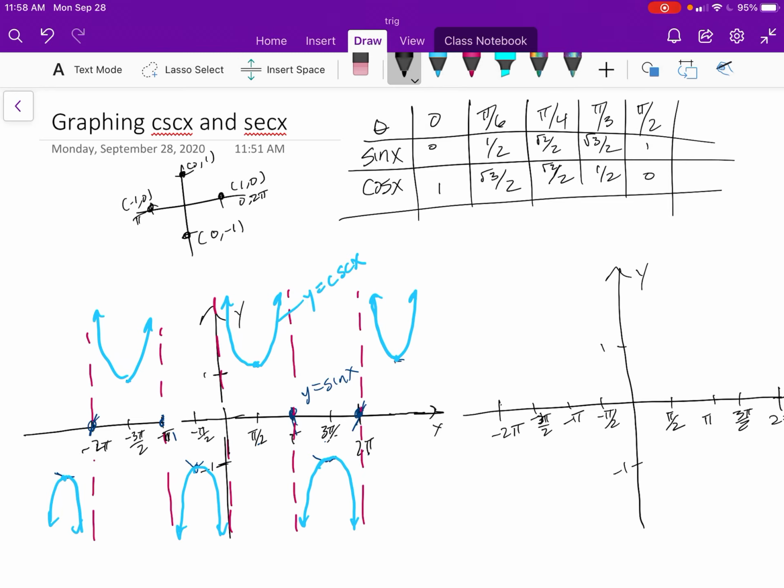So the graph of cosecant does not include the graph of sine. But if I graph sine in there, I can quickly see the graph of cosecant by drawing in my asymptotes. Asymptotes are just lines that graph will never cross, or in this case, vertical asymptotes.